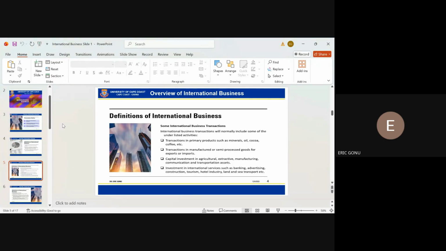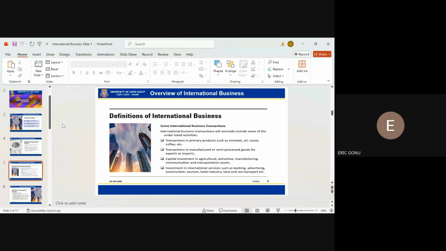Once we extract our gold and send it in raw form to the US, South Africa, the UK, or Dubai, it is also part of it because our activities are crossing the frontiers of our boundary. In that form, international business activities are happening. Cocoa, coffee, and other things, we send them across the frontiers of our boundary.